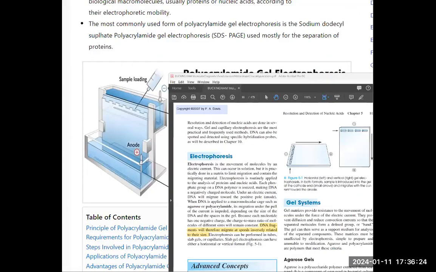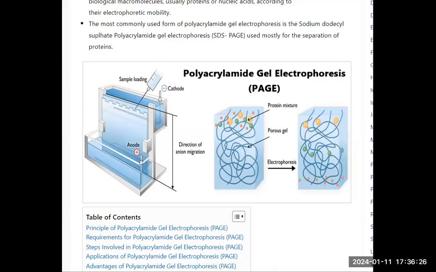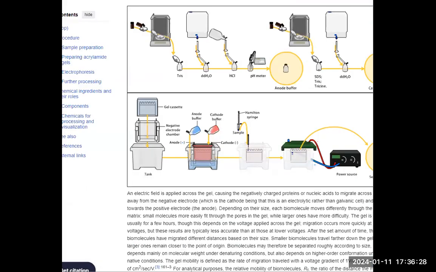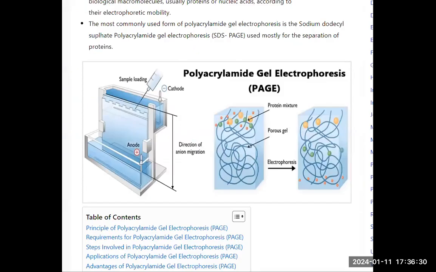So our result will always be something like this. We will be having bands. This is a good band. These are good bands on the leftmost column. But in the second and the third columns, these bands are smeared, so these are not good bands.